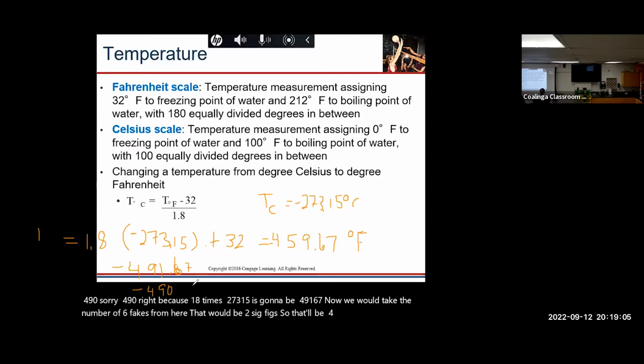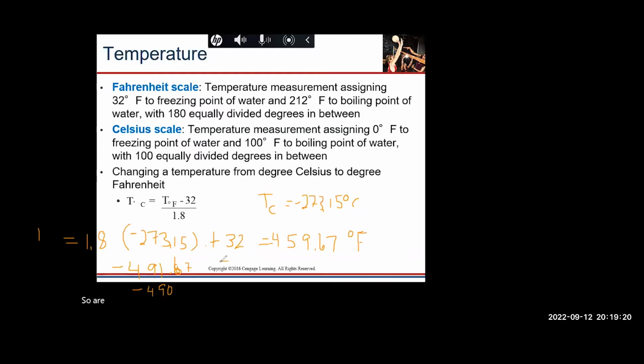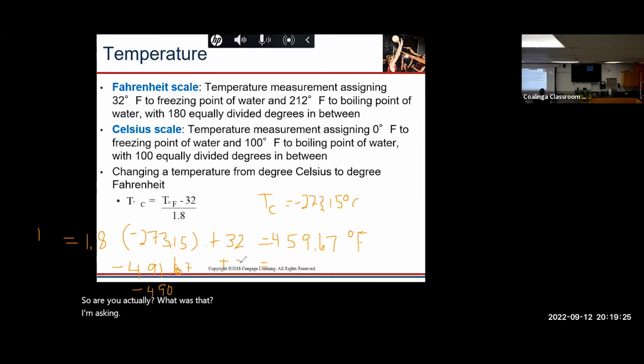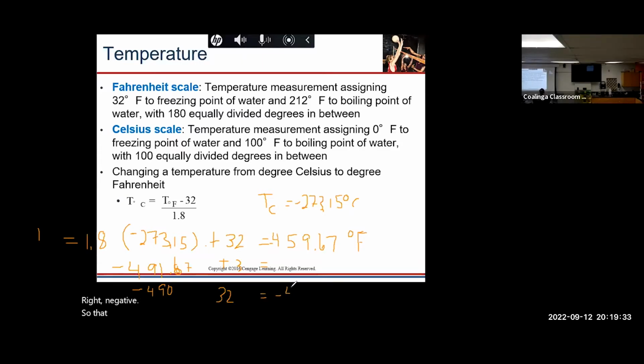Then you add that to 32, so that'll be negative 458.